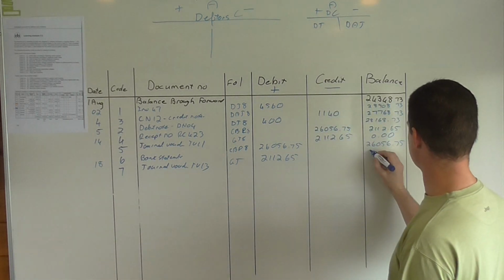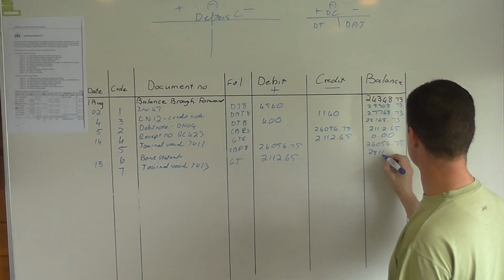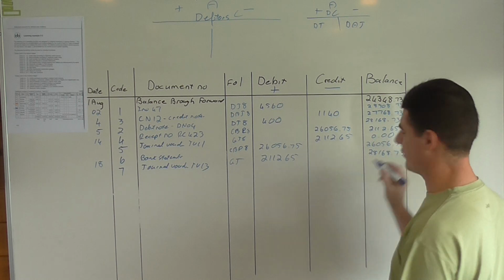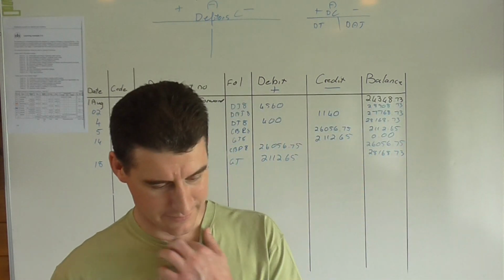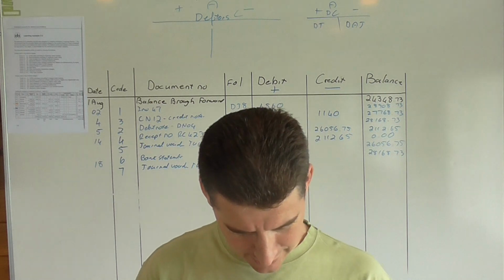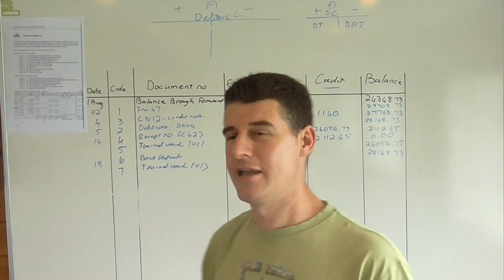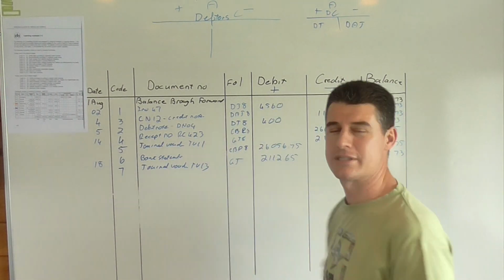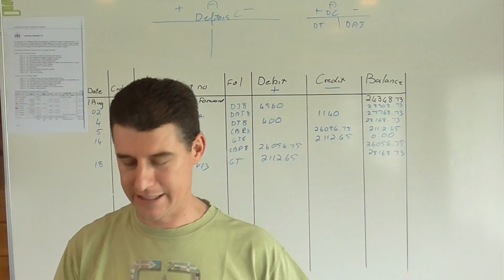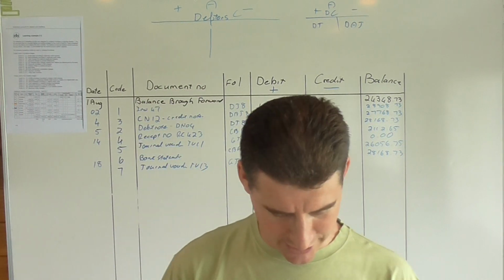So his total goes back to 28168.73. So in other words, his check bounced and we just wrote back his money, because now he still owes us that money. Shame. Too bad, so sad.